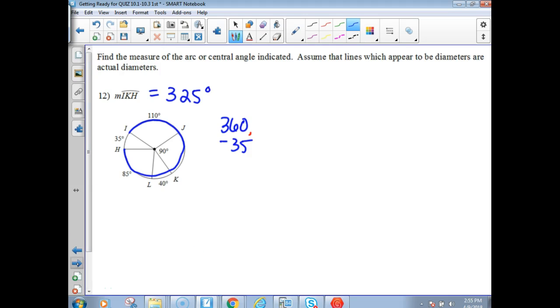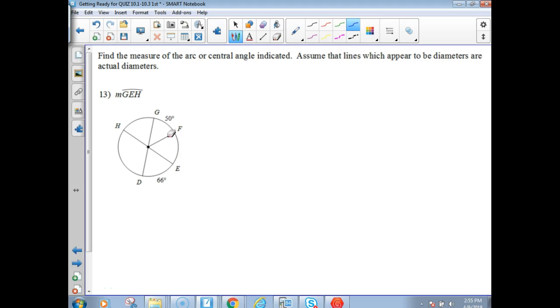Good. All right, next we've got GEH. So I start at G. I have to go through E and end up at H. Does somebody see something we could do quick? Ooh, good, Olivia. That's what I want to hear. Vertical angles, because see, that's 66. This is 66.